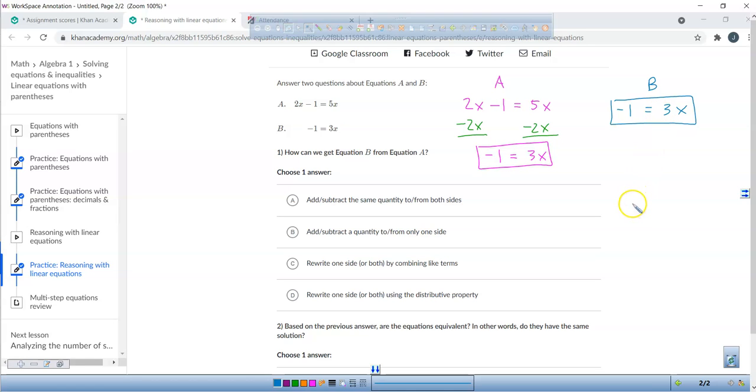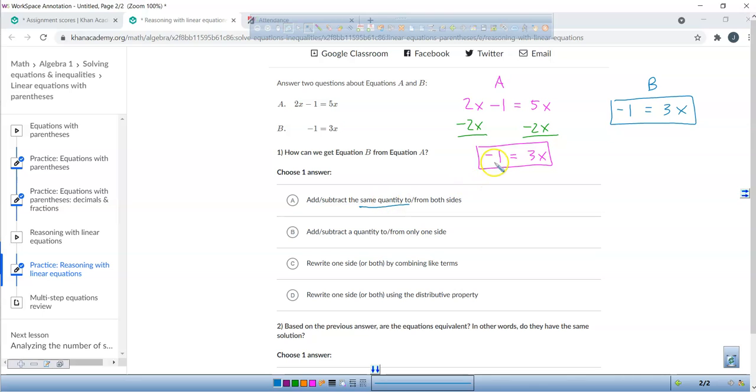All right. So what did we do? It looks like we added or subtracted the same quantity to or from both sides. What did we subtract from both sides? We subtracted 2x from both sides. So that would be called same quantity. We just didn't do it to one side. We did it to both sides. We didn't rewrite it by combining like terms, and we didn't use the distributive property.